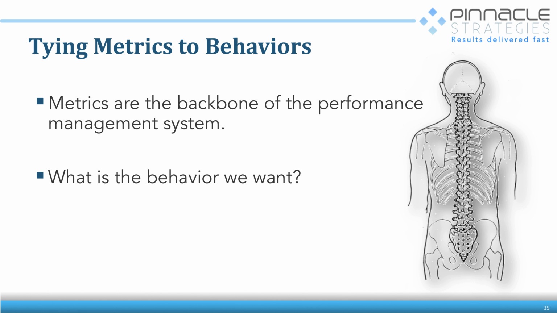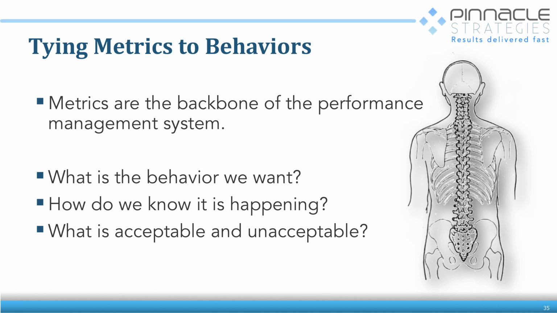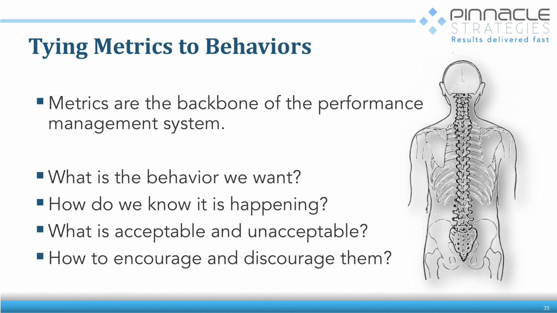So we think, all right, what's the behavior we want? What's the consequence, right? How do we know if it's happening? And then what's acceptable? It produces the outcome we want. What's unacceptable? It doesn't produce the outcome that we want. Our job is how do we encourage or discourage, right?